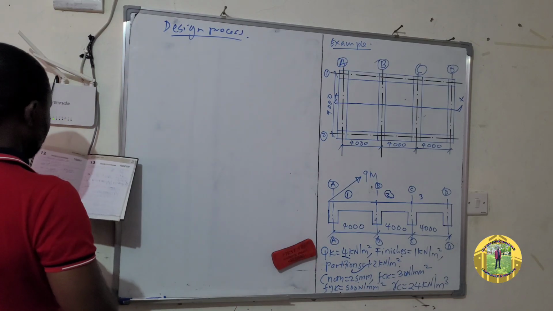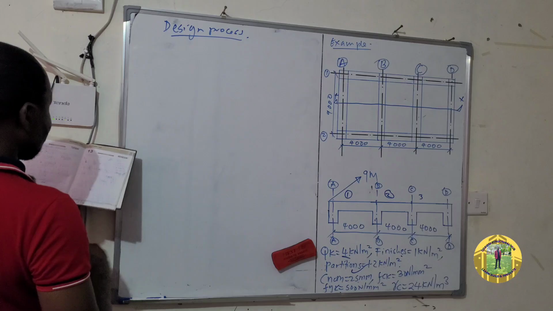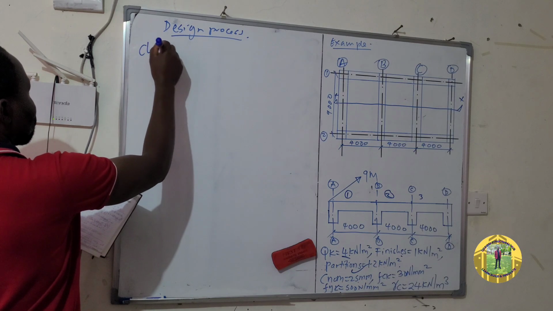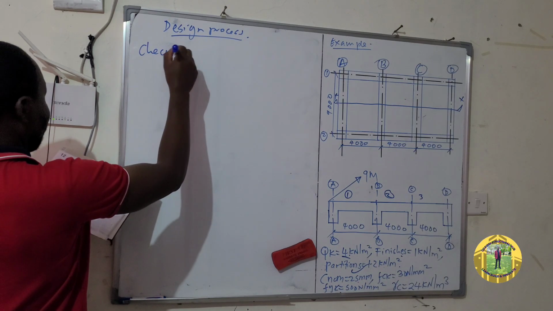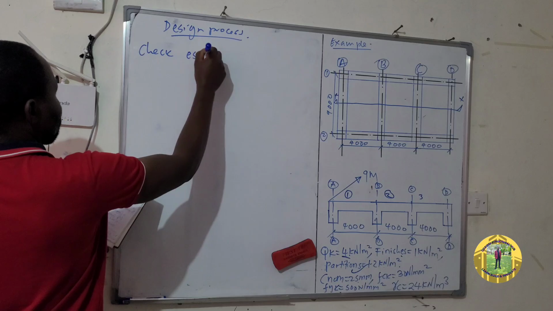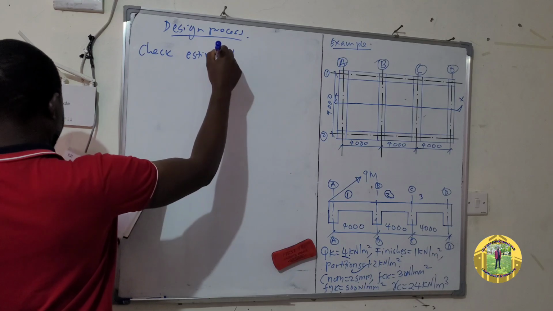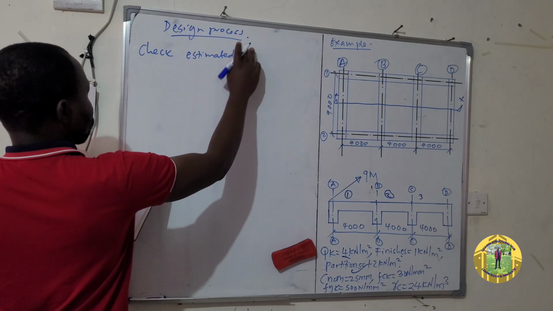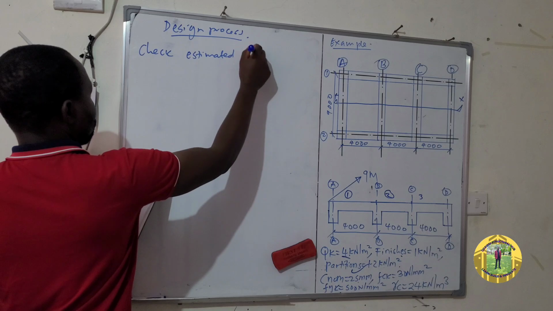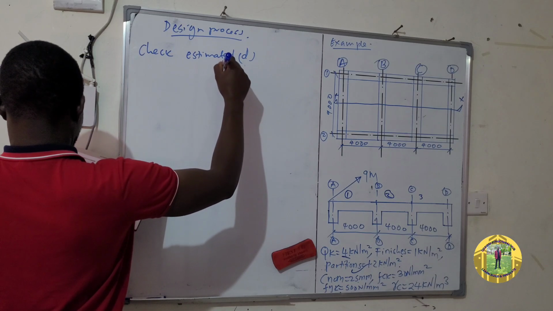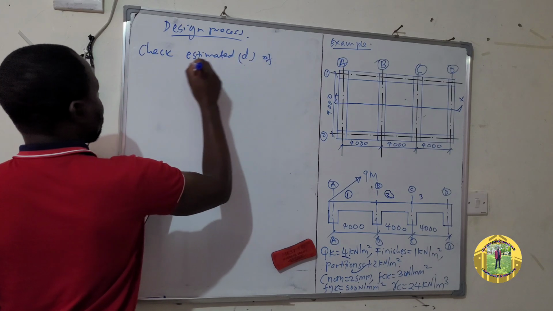Then from there, we will check the estimated effective depth, d, of the interior span.